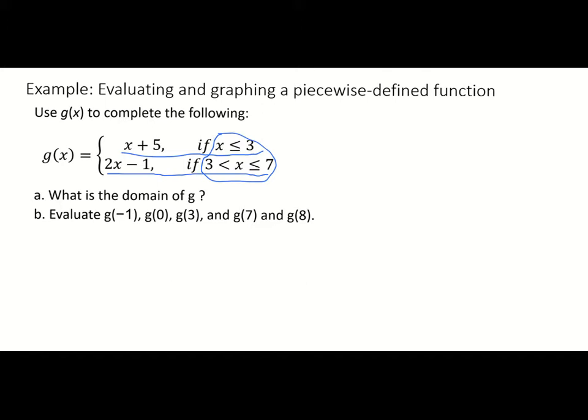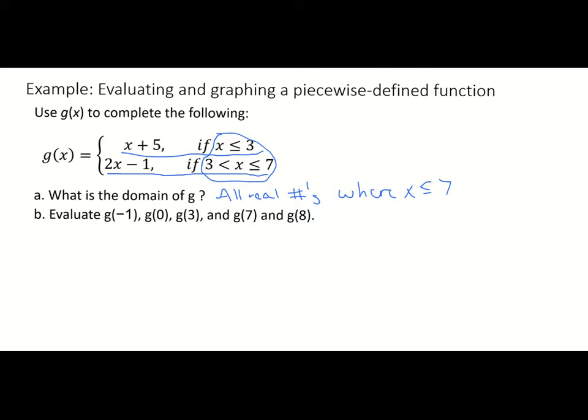So because of this, we're going to say our domain is all real numbers where x is less than or equal to 7, because it looks like 7 is the maximum value allowed, but then it can be anything lower than 7.